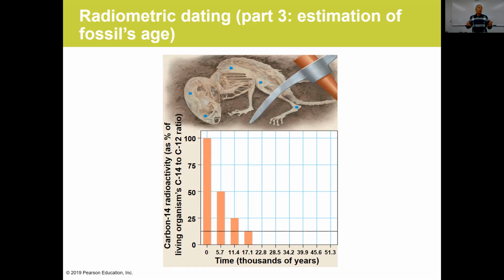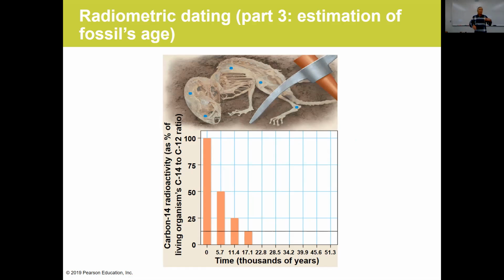So if you had a gram of carbon-14 in the body of this organism, after 5,700 years, there'd be half a gram. And then after 11,400 years, there'd be a quarter of a gram. Every 5,700 years, it drops by half.